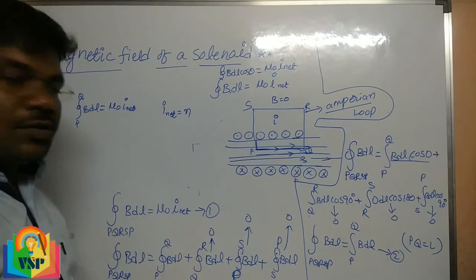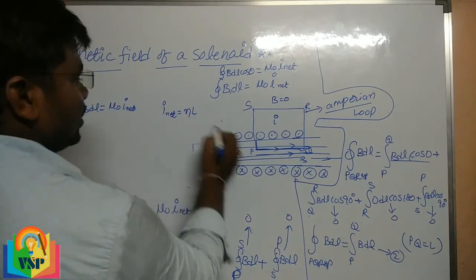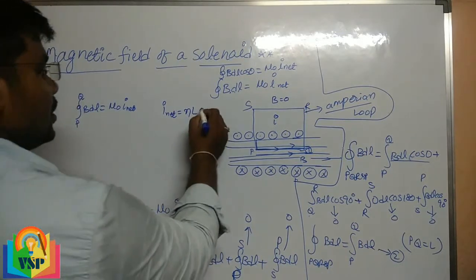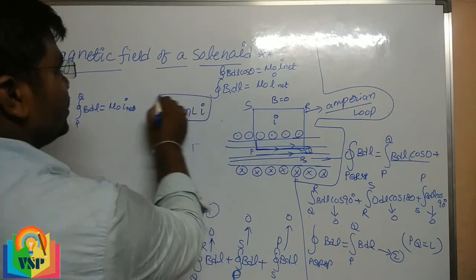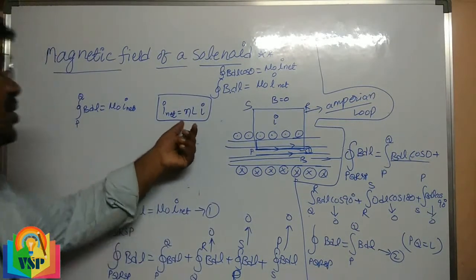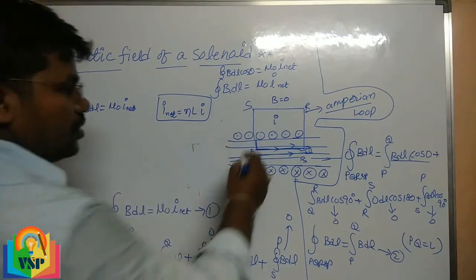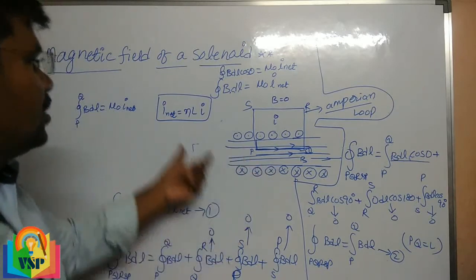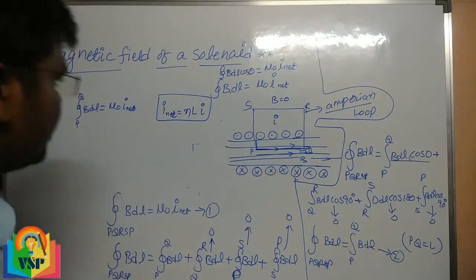Here I net is equal to number of turns per unit length times the total length of the loop, times current. Here this wire has number of turns per unit length, and current.